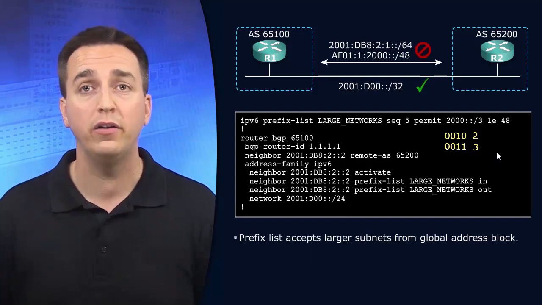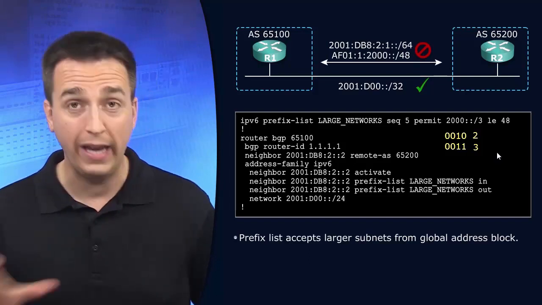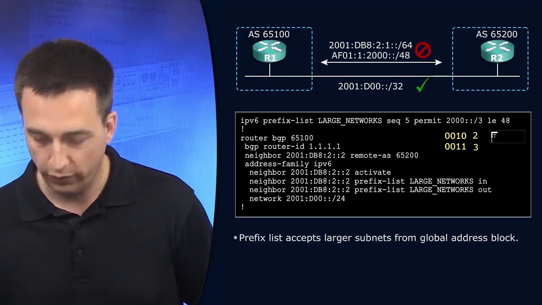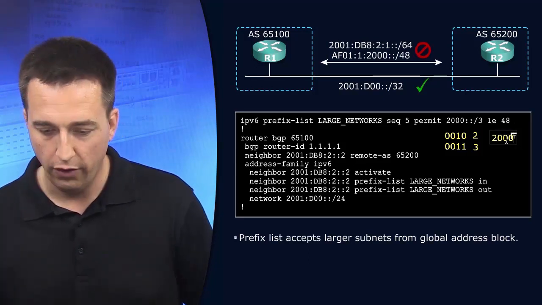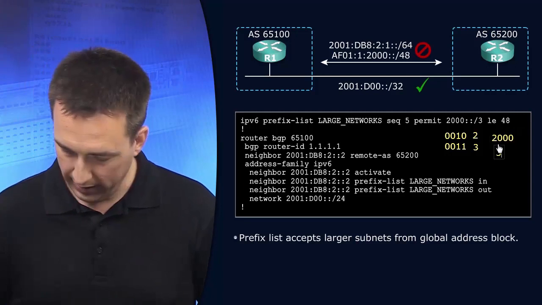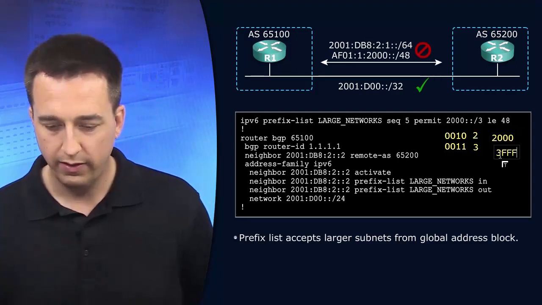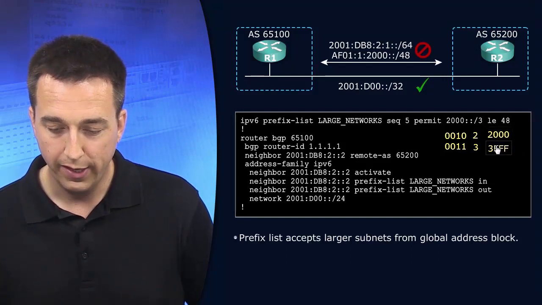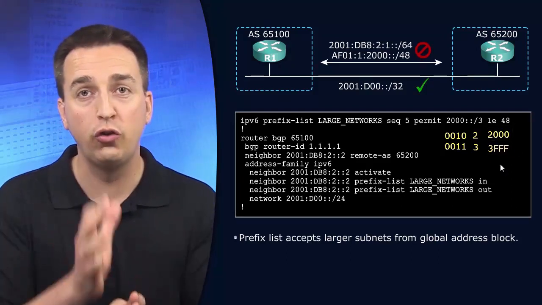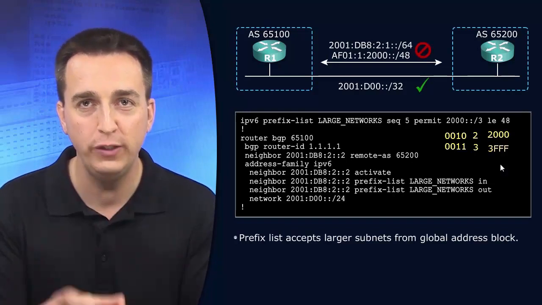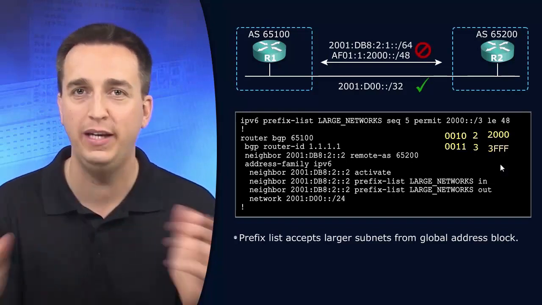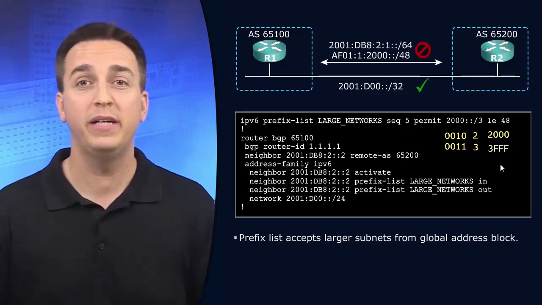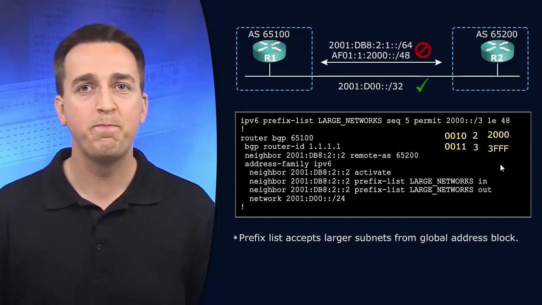It could be any other value. So the total range within that first quartet is going to be any address from 2000 all the way to 3FFF is going to fall within this prefix list. Right now, that is the global IPv6 unicast range of addresses that are being handed out to customers. And the subnet mask is going to be less than or equal to 48.